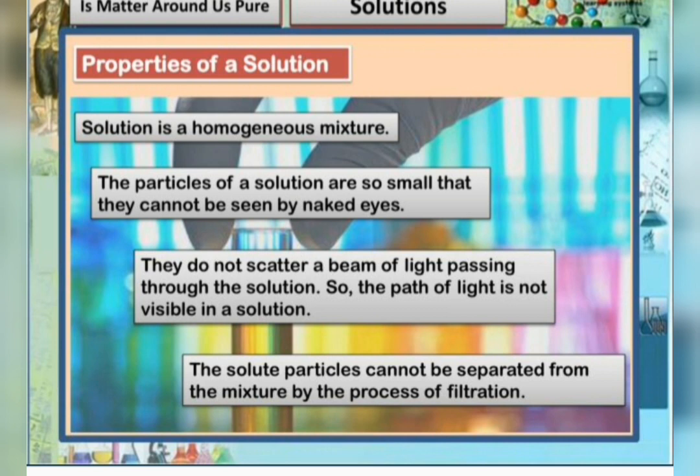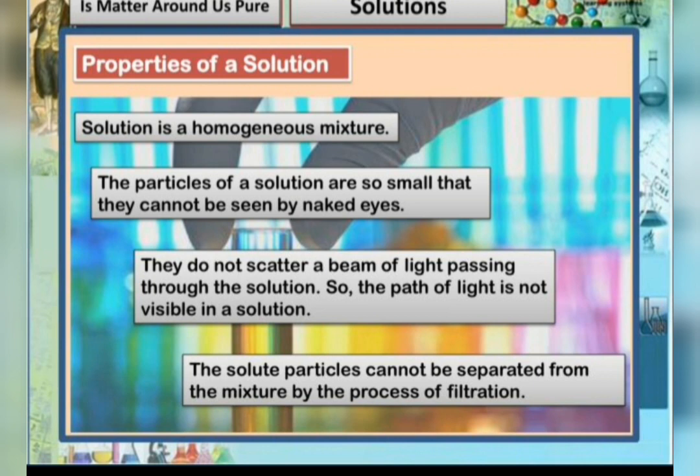Whenever a beam of light passes through a solution, the path of the light is not visible. Why is the path not visible? Because the particles are so very small that they are not able to scatter the light and make the path of light visible. So they do not scatter a beam of light.